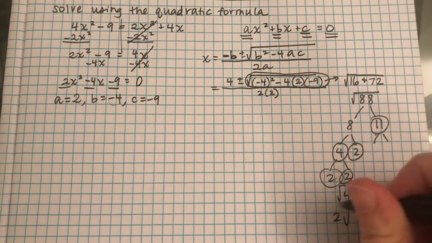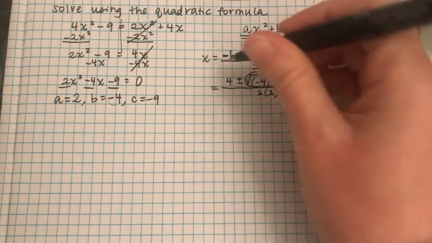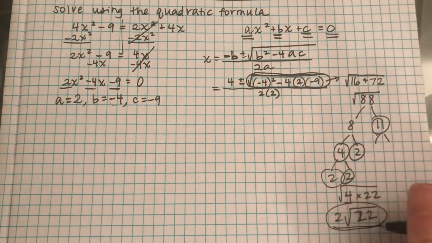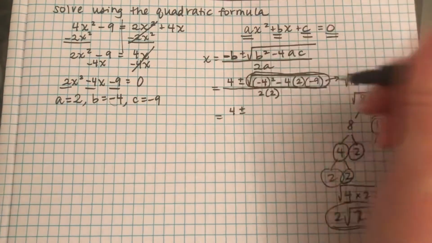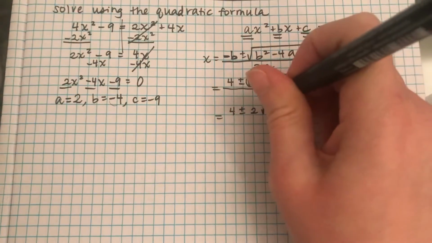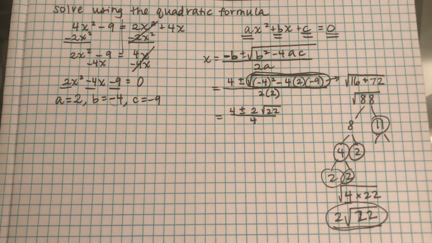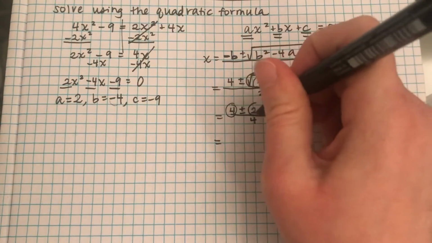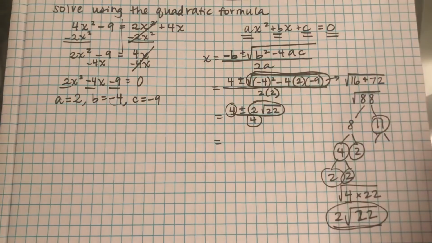Okay, so this is what we will replace underneath this square root here. So I'm going to copy everything else, and then instead of writing all of this, I'll replace that with 2 root 22. So we have 4 plus or minus 2 root 22 all divided by 4. Remember, we can split this apart. So every piece on the top, these are 2 separate pieces, are both individually being divided by 4.